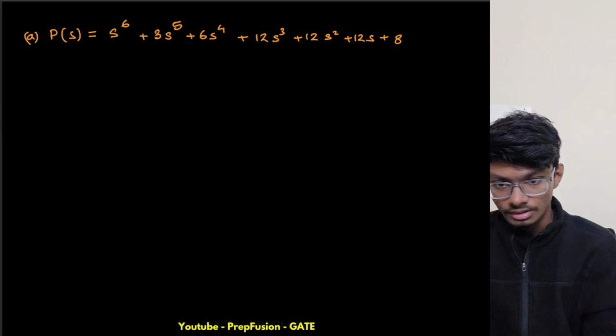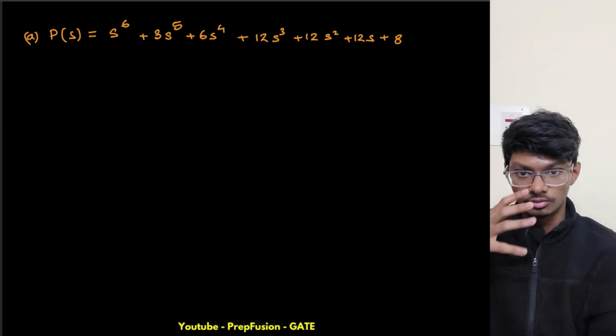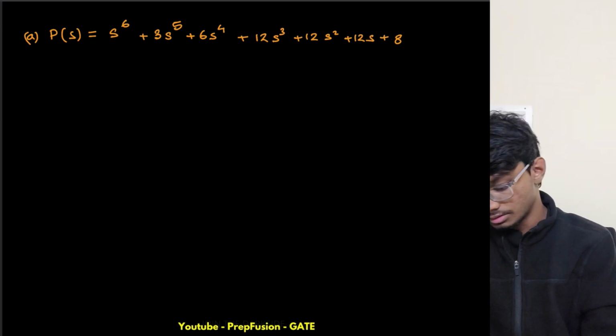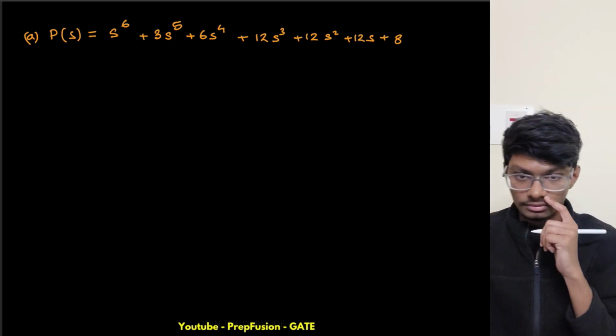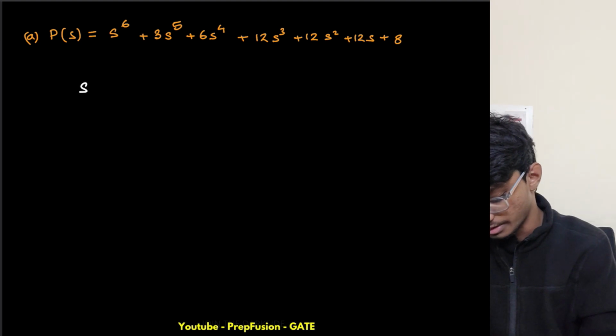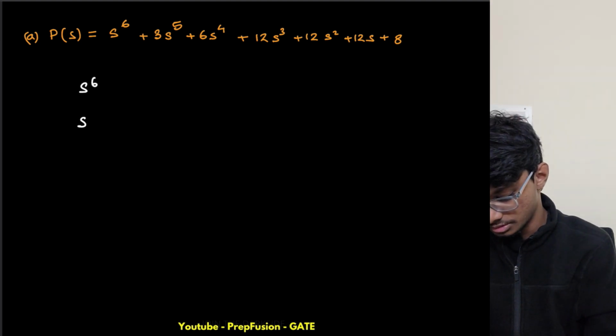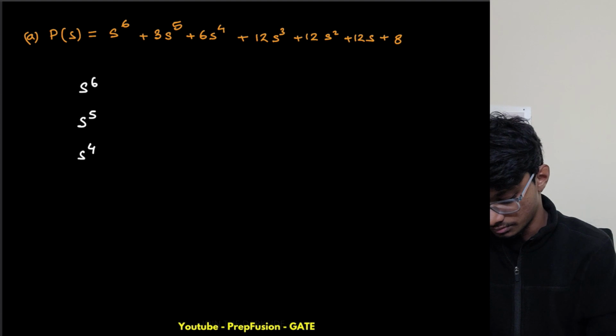So now let me write the Routh table. First I will write the rows of S from highest to lowest: S to the power 5, S to the power 4, S cubed, S squared, S1, S to the power 0.